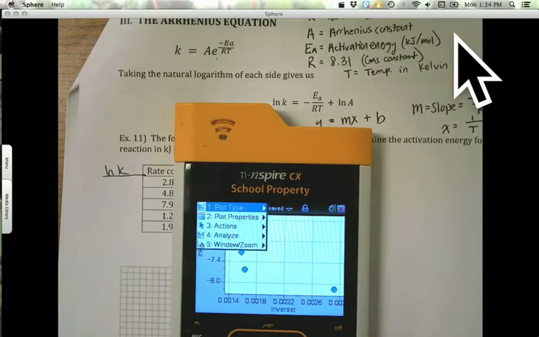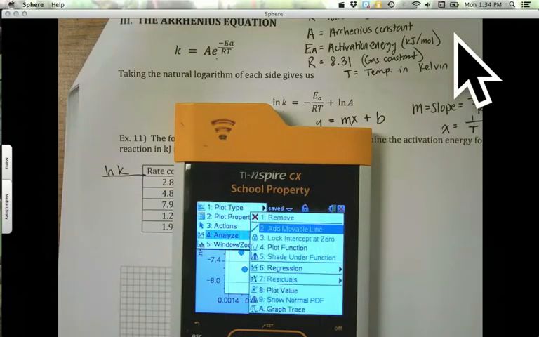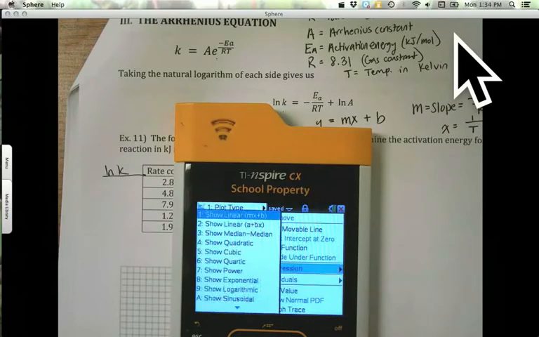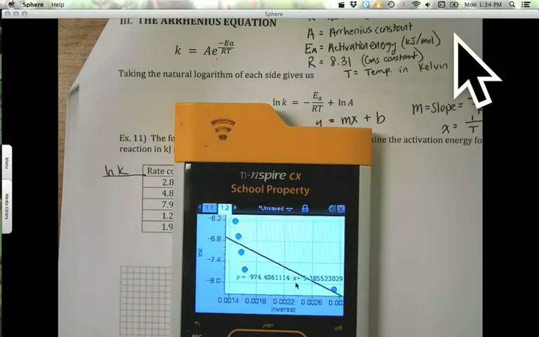to Menu, Analyze, and then down to Regression, Linear Regression.